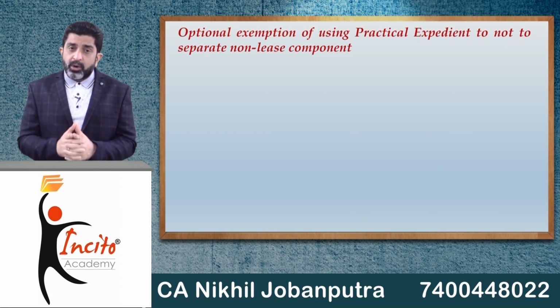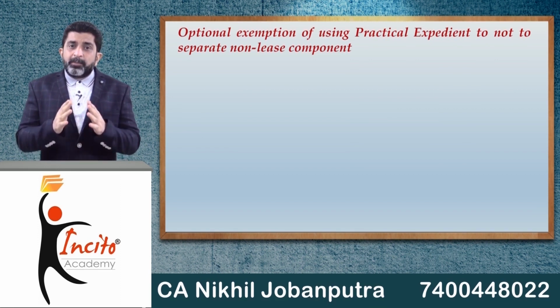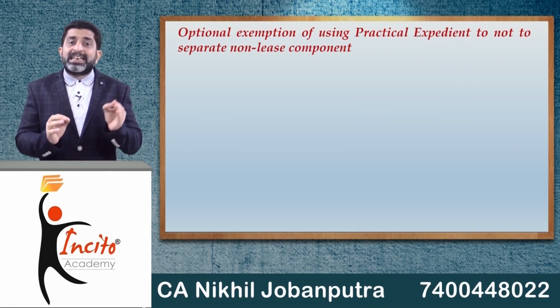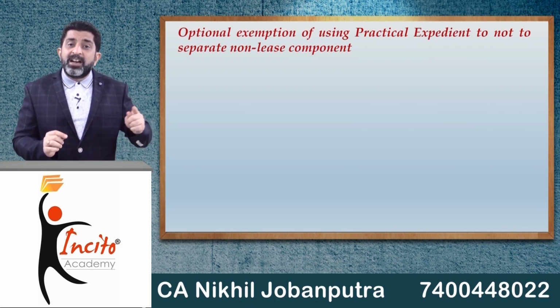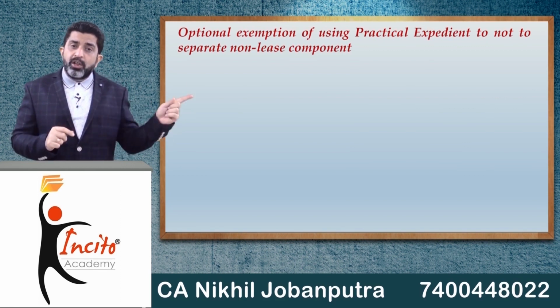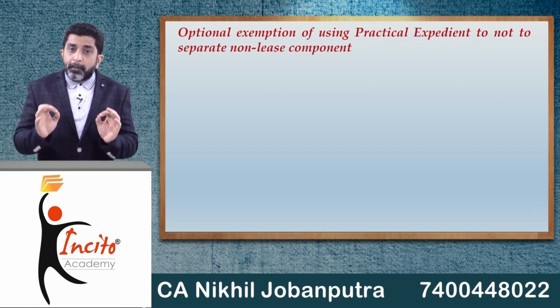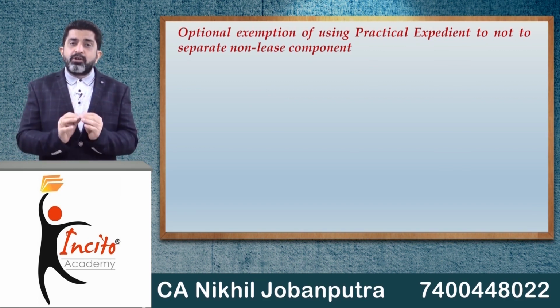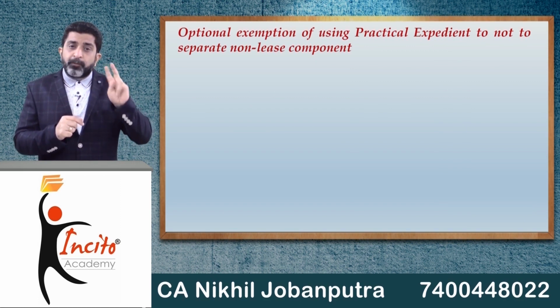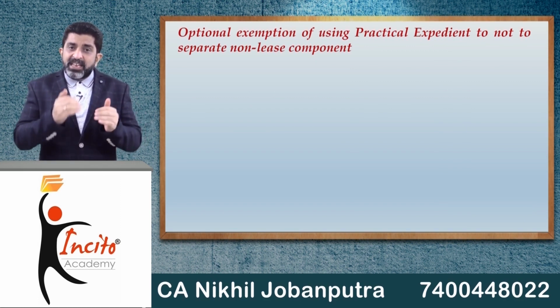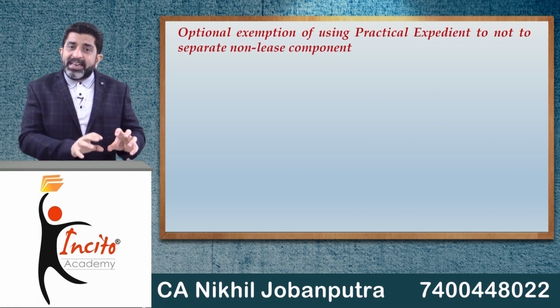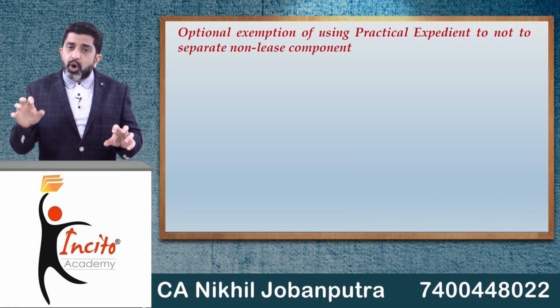Now, one more very important thing in this case: this should not be confused with different lease components. If you can recall the example I have given you earlier, lease of building, lease of furniture, lease of equipment, lease of machinery, multiple components included in a lease contract, and if those two conditions are fulfilled, then the lessee must compulsorily show the lease of each asset as a separate component.